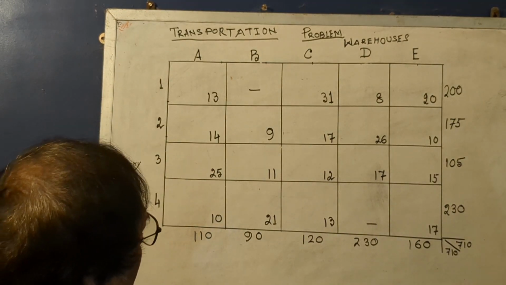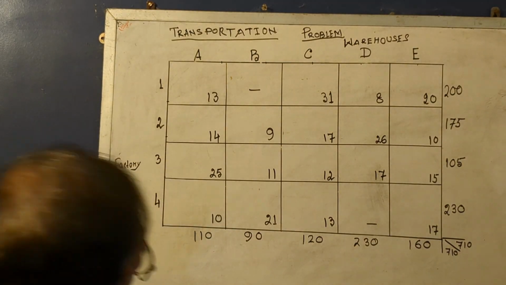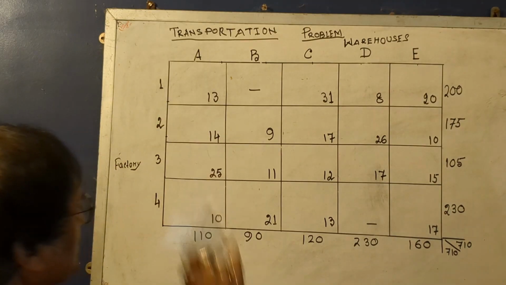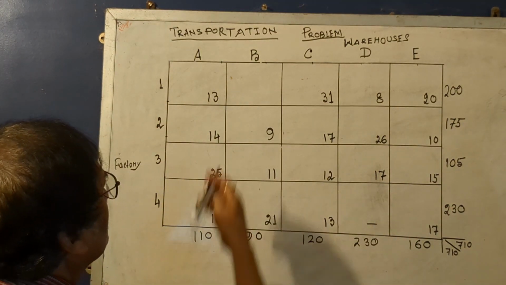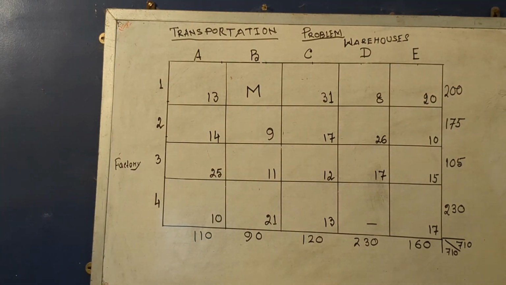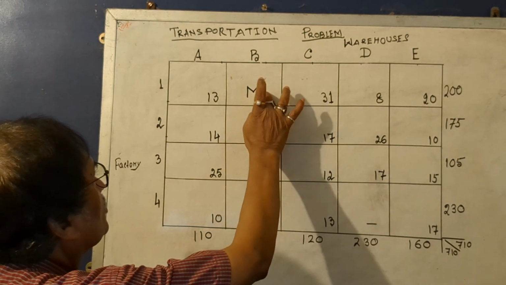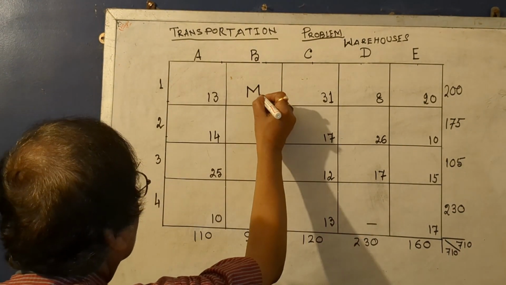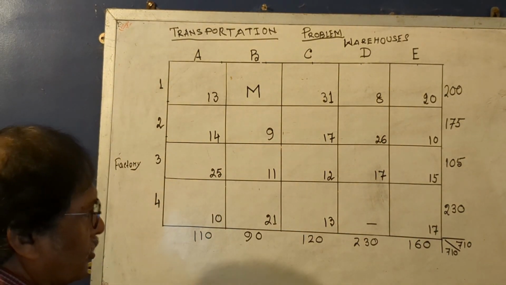Okay, how will we start? First of all, as these 2 points are blocked, that means you cannot shift any product from this source to this destination, you will put one figure, mathematically called big M. The value of M is significantly high. It is huge, a high cost is to be allocated here, and say it is M. M is a value which is very high in comparison to any other cost.